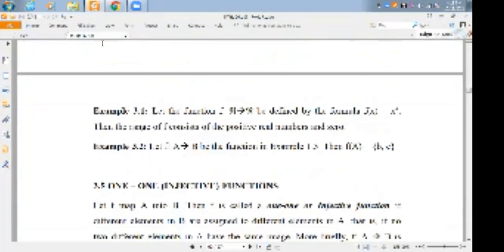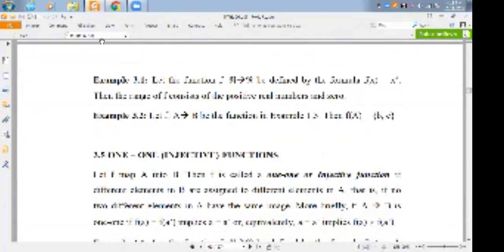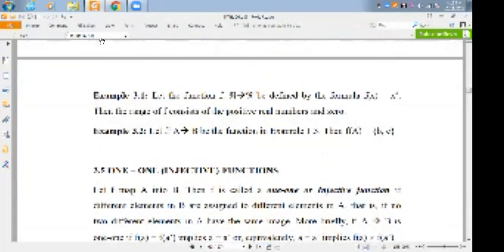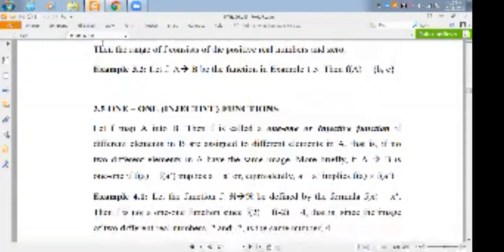So range has to do with the collection of all the elements in the codomain that are assigned to an element in the domain.